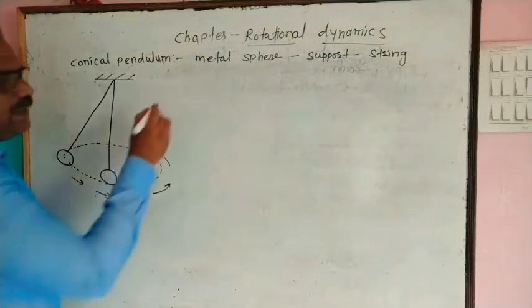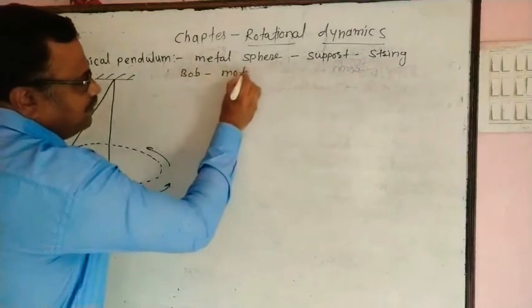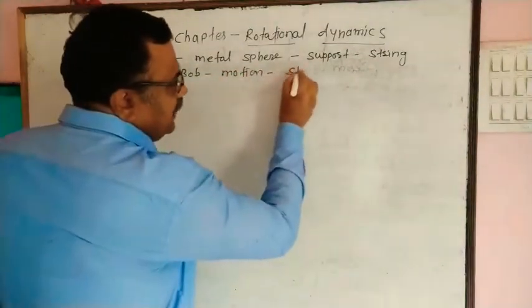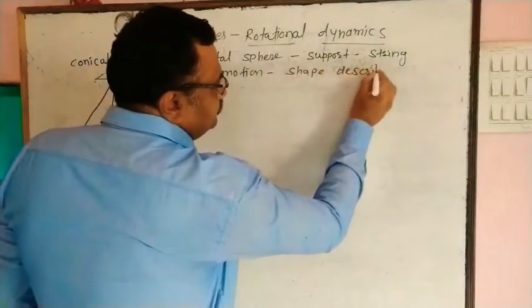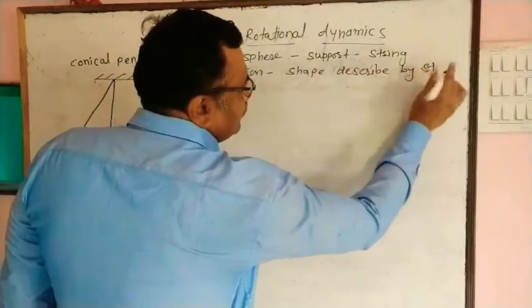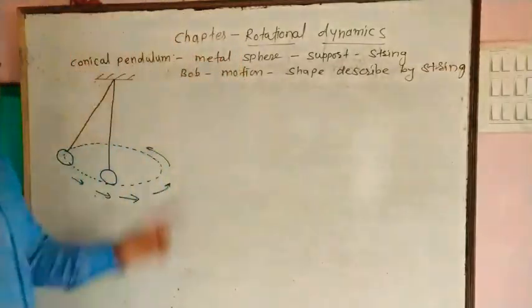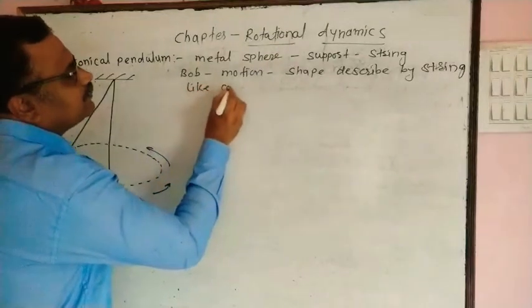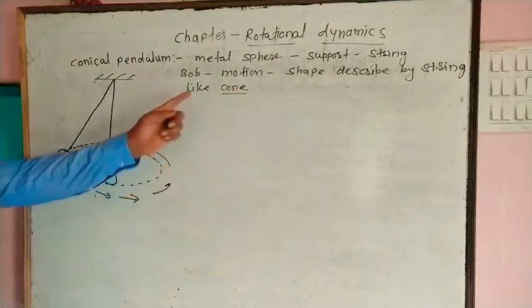When the bob is moving, if we observe the shape described by the string, then we observe this shape is like a cone, and therefore such a pendulum is known as a conical pendulum.